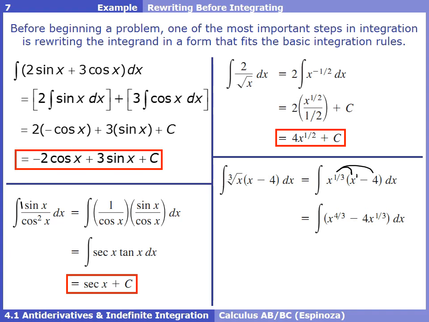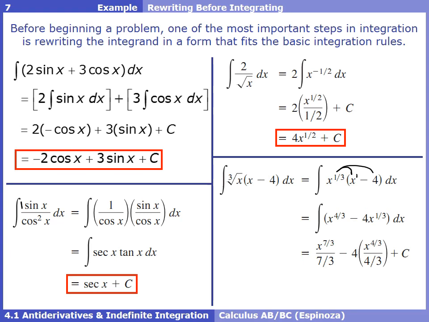We have a minus between these two functions, which means we can integrate these two things separately. And since they're both integral friendly, all we need to do is apply that power rule. We'll add 1 to the 4/3 power, which is 7/3, divide by that new power. We'll add 1 to the 1/3 power, which is 4/3, and divide by that new power.